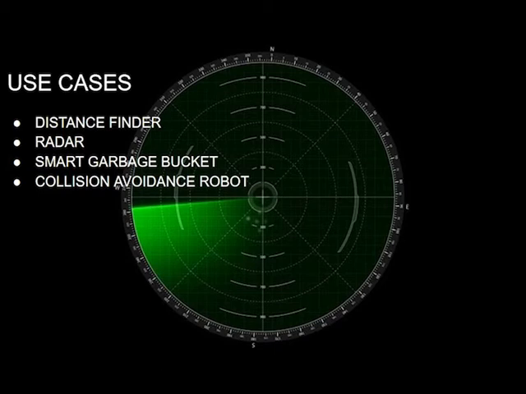Finally, I will tell you about the autonomous robot, which can sense any obstruction in front of it and suitably accommodate to avoid any head-on collision. This is a collision avoidance robot or an obstruction avoidance robot.